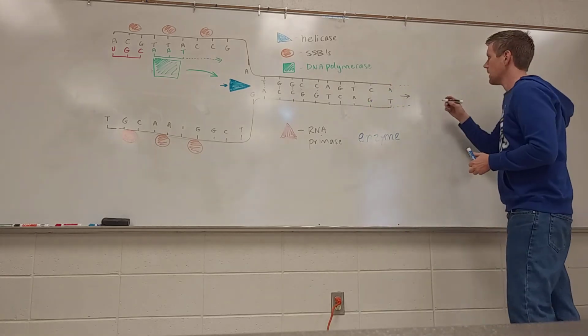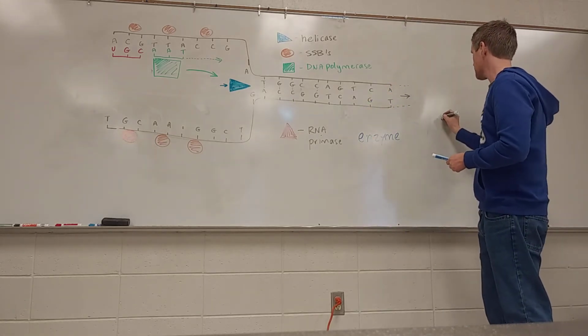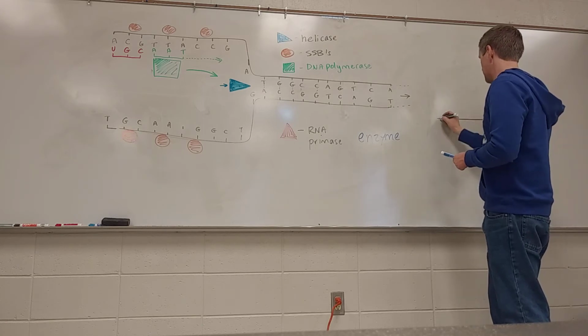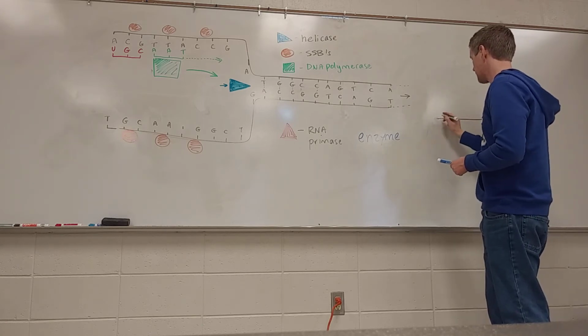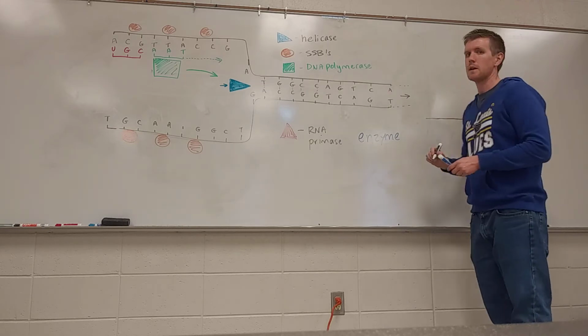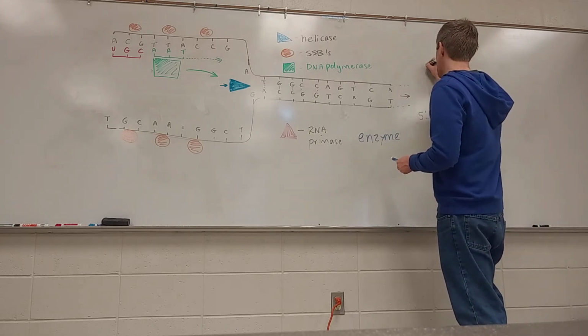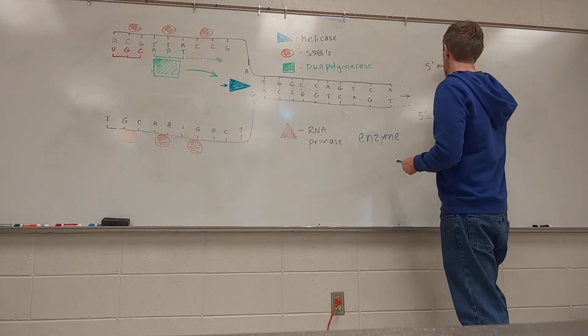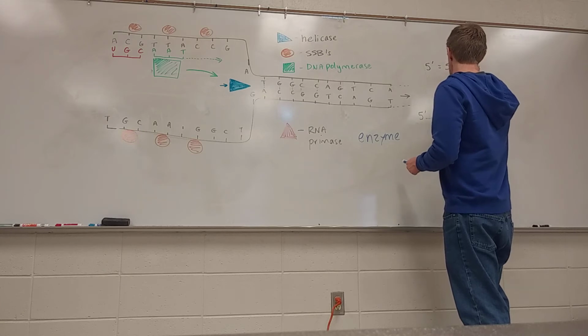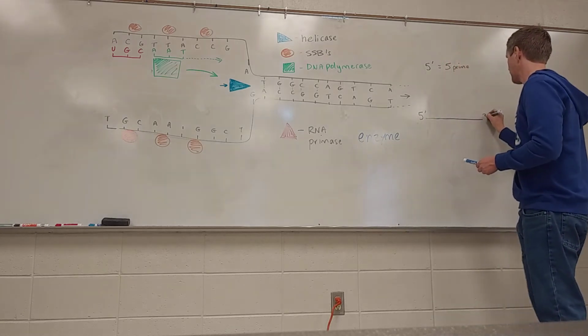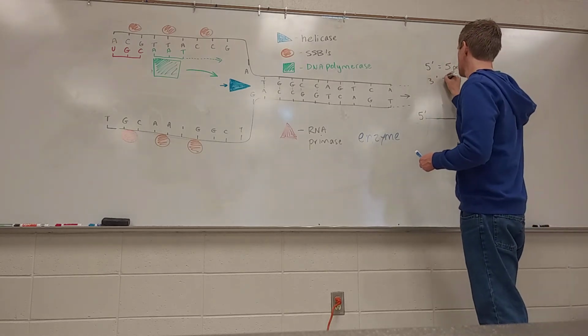DNA is like that in the sense that there are two ends to DNA. One end of a DNA strand is called the 5' end. The other end is called the 3' end.